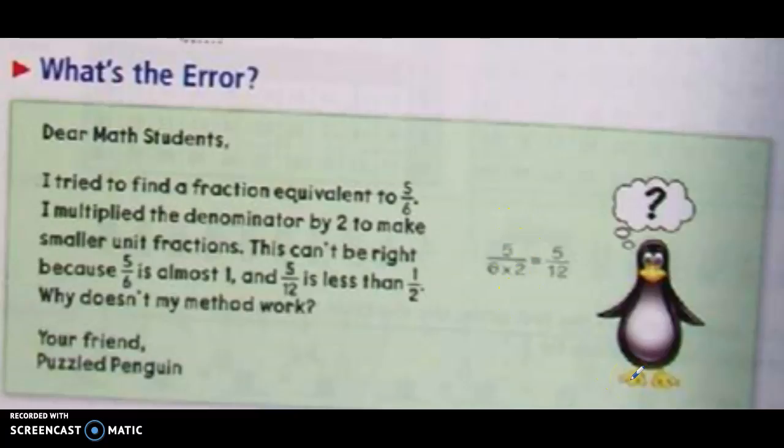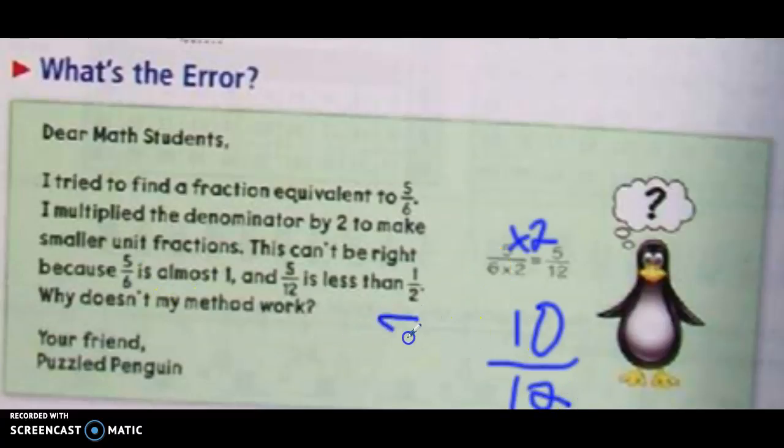The multiplier or divisor must be used both on the numerator and the denominator. So it should be that he multiplied both the top and the bottom. Then his answer would be 10/12 instead of 5/12. And that is equivalent to 5/6.